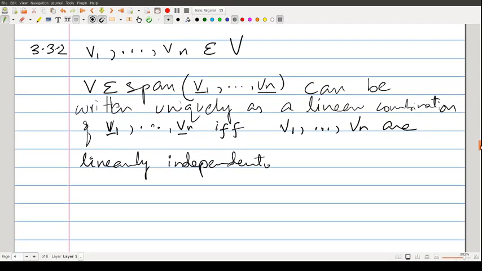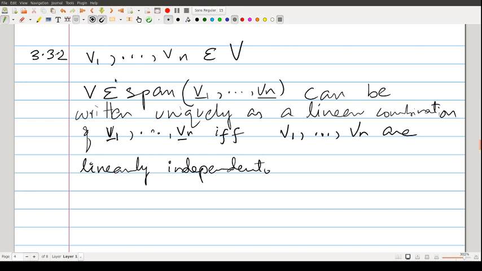Okay. Next up, we have another theorem. Let's say v1 to vn are some vectors in V. So we have a vector space V and some vectors v1 to vn, and let v be a vector that is in the span of v1 to vn.